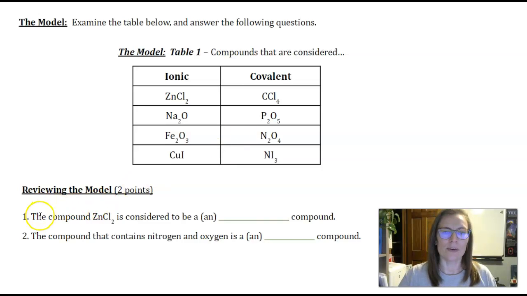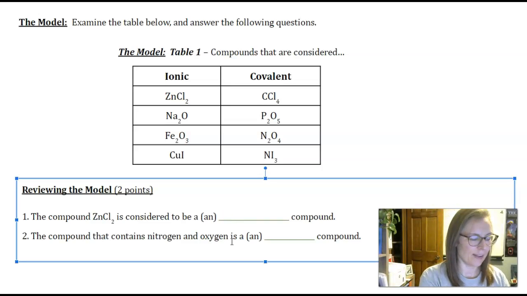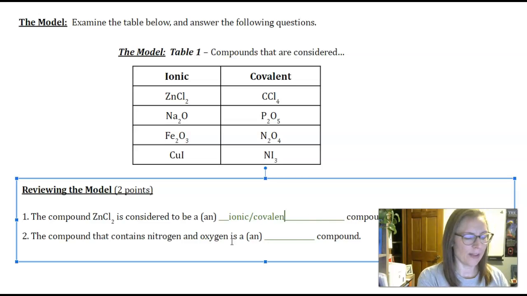All right, so down here, this is just about reading the chart. The compound ZnCl2, zinc chloride, is considered to be a blank compound. Find ZnCl2 in the table above, and then type in here whether or not it is ionic or covalent.